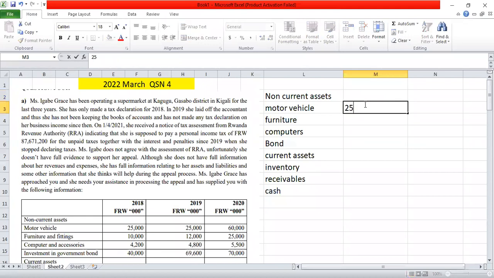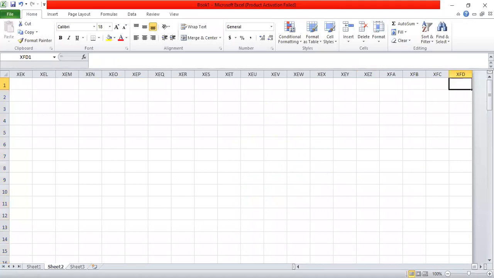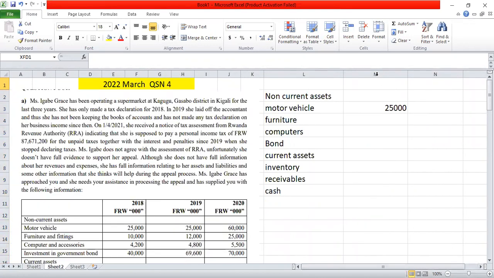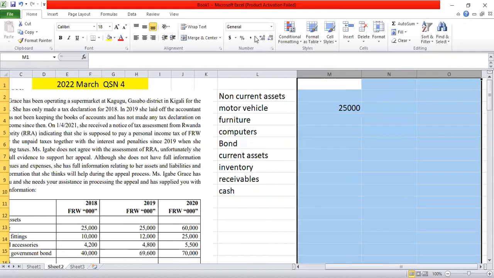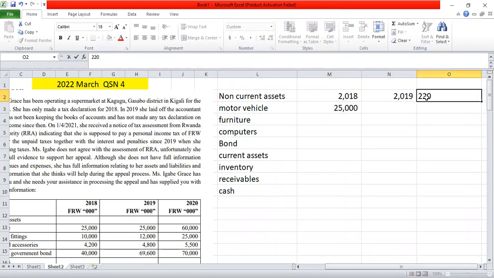Motor vehicle is 25. This is 2018. You know it's 2019 because I'll put in commas. 2020. 25, 60.